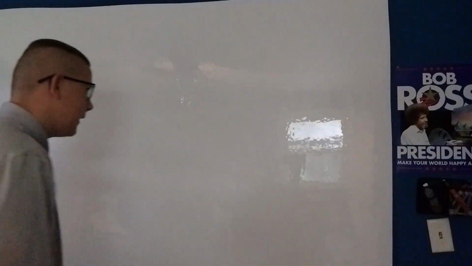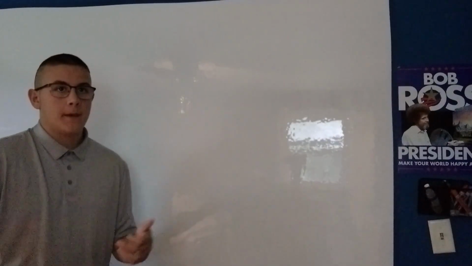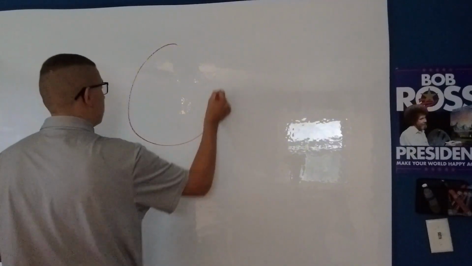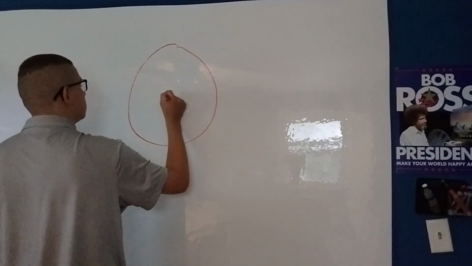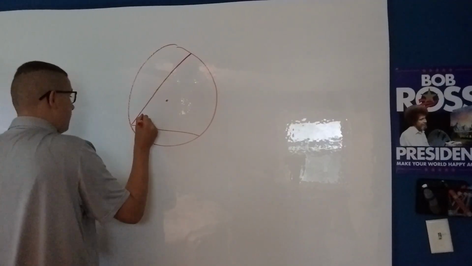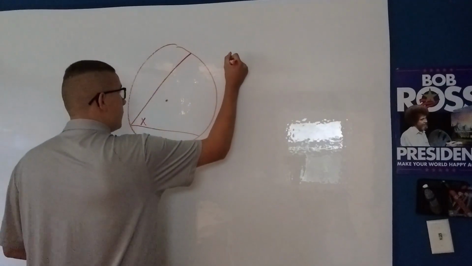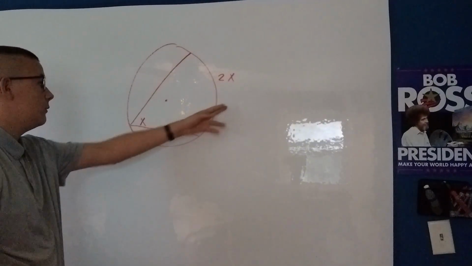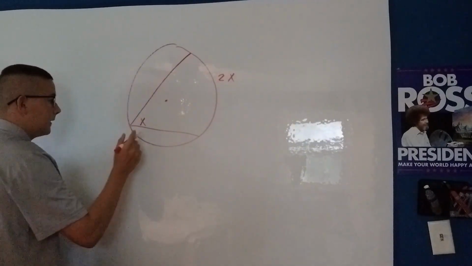Hey, sorry about that. I think we left off on the inscribed angle, and an inscribed angle, like this, if we say this is x, this is going to be 2x, right? So this is always going to be twice the measure of this.